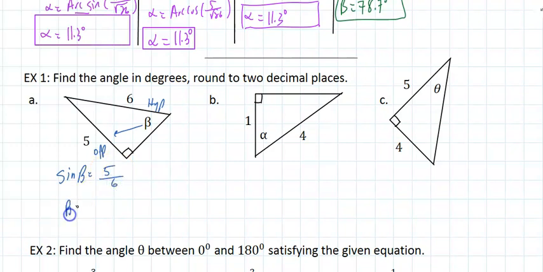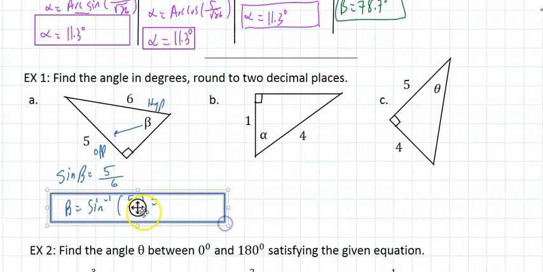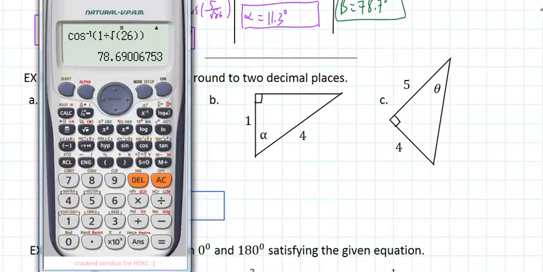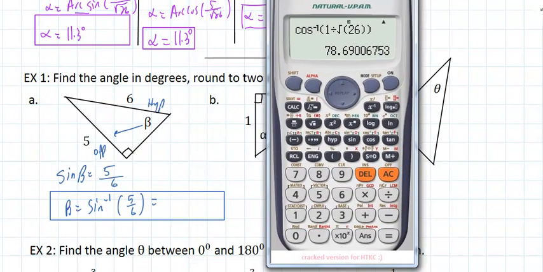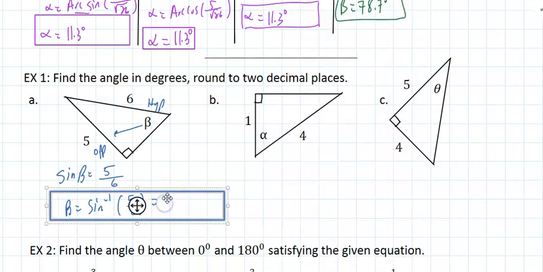So the only way to find an angle is to use the inverse. And there it is. I'm done. Unless it's a 30, 60, 90 or 45, 45, 90, I need to use a calculator. The inverse sine of 5 divided by 6 would be 56.44 degrees.